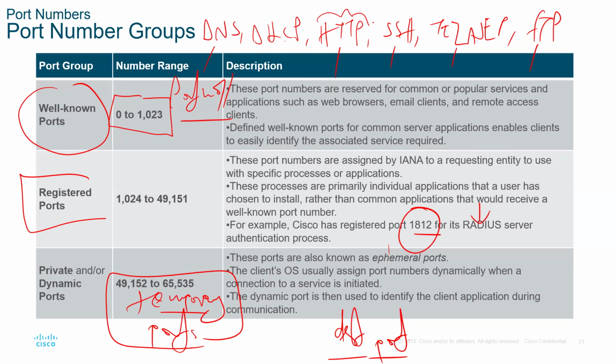But my source port from the client side will be a randomly generated port, usually from this range. Remember, private or dynamic ports, because it is just a temporary port. Once communication ends, if we want to do another session, we generate another random port number and communicate just like that. So these are the port groups that we have: well-known, registered, and private.